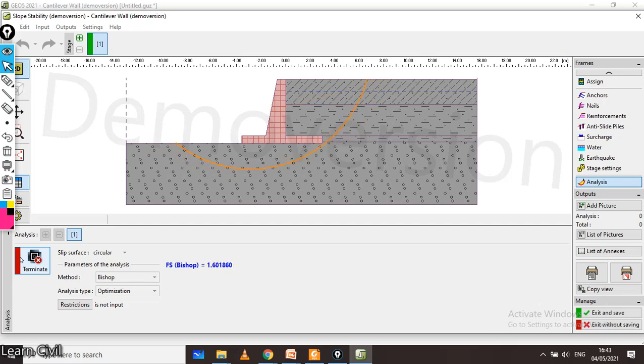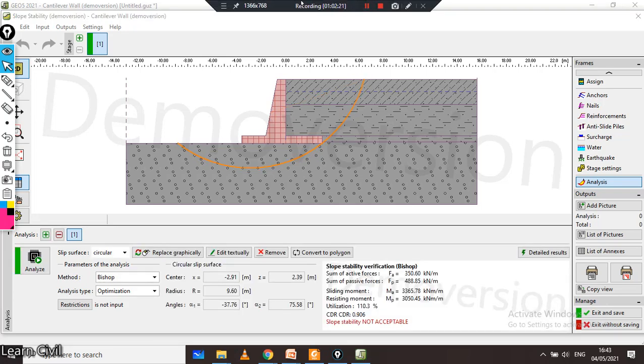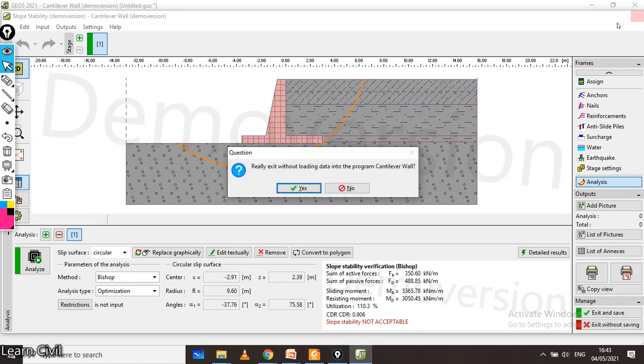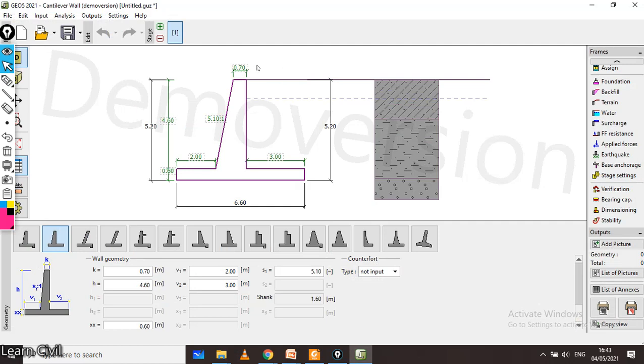Let us check. Again you can see here, slope stability not acceptable, means these dimensions are still not acceptable.